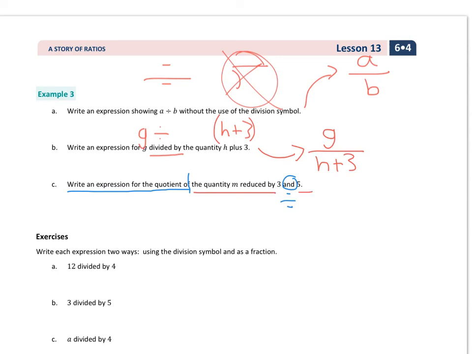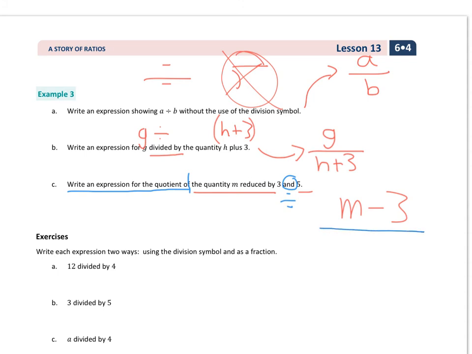So what does the quantity m reduced by 3 mean? Well, you have something, and you're taking 3 away from it. So that would be m minus 3. And then we have our division, because of the and.